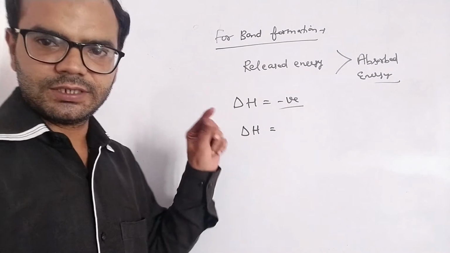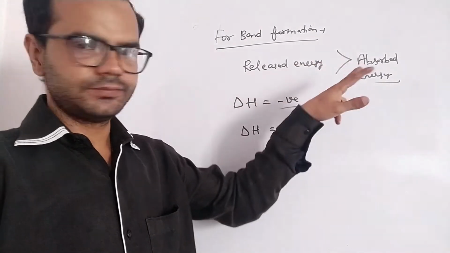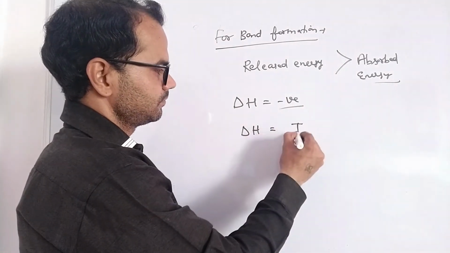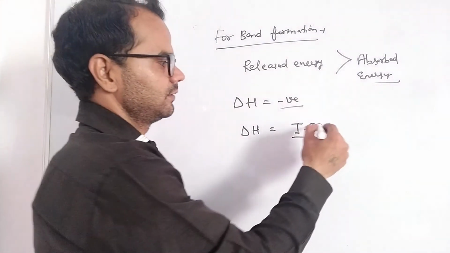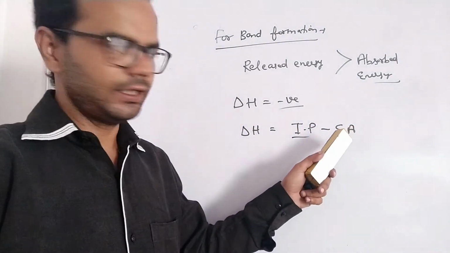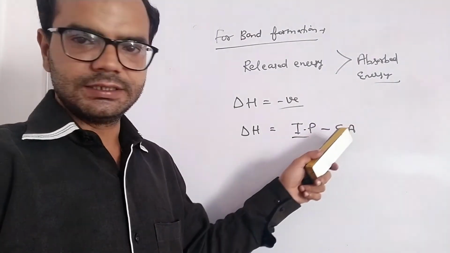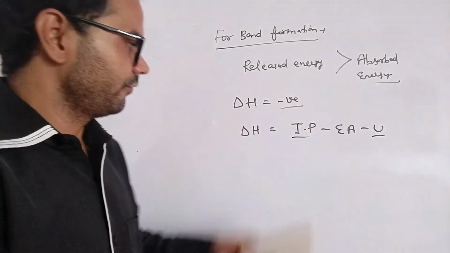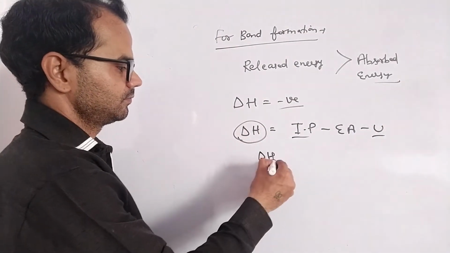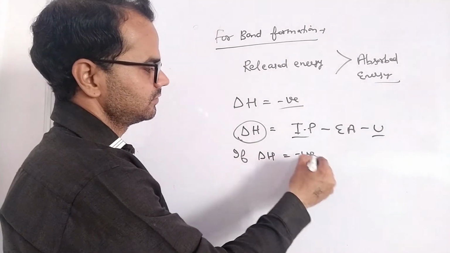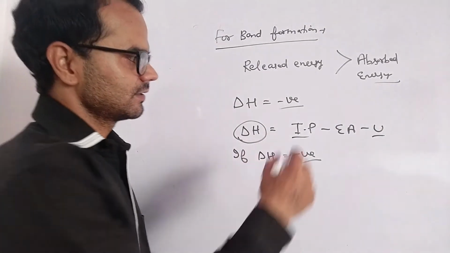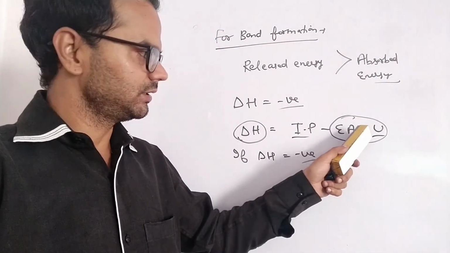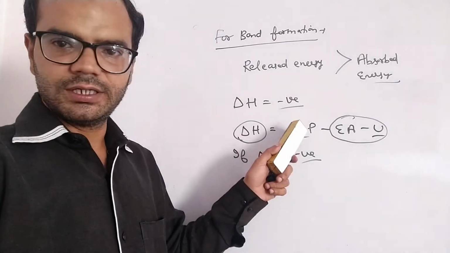Bond formation is dependent on ionization energy, electron affinity, and lattice energy. So overall heat of bond formation is ionization potential minus electron affinity, because in electron affinity energy is released, and minus U, lattice energy. So if delta H is negative, released energy must be higher than absorbed or required energy.